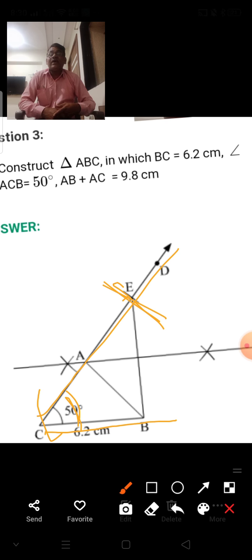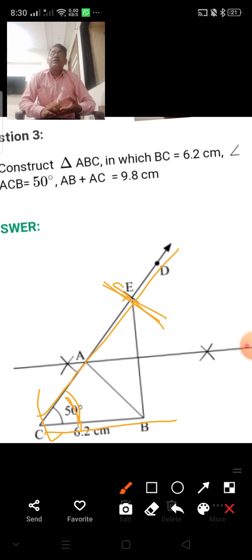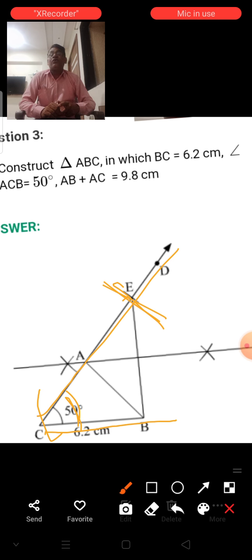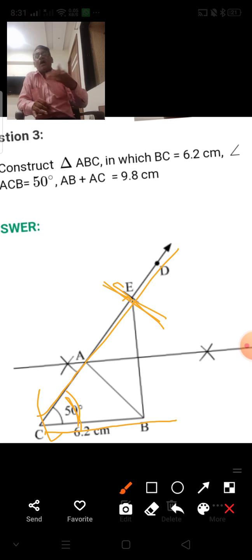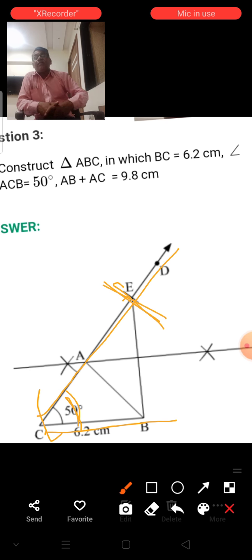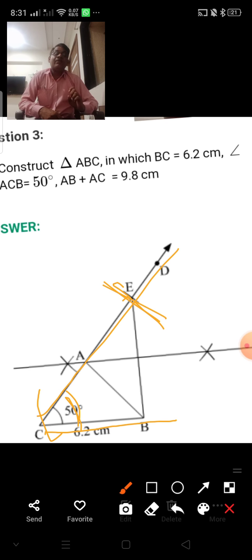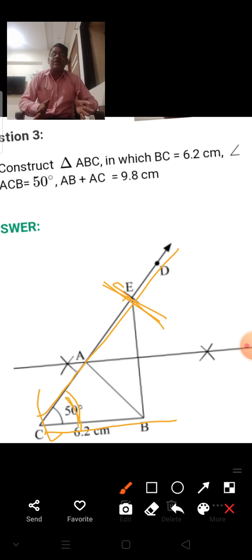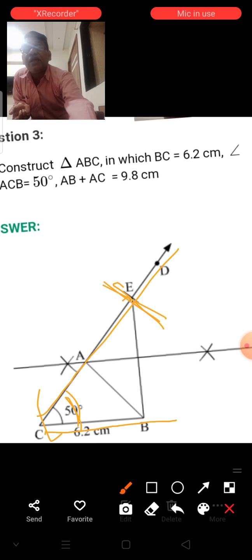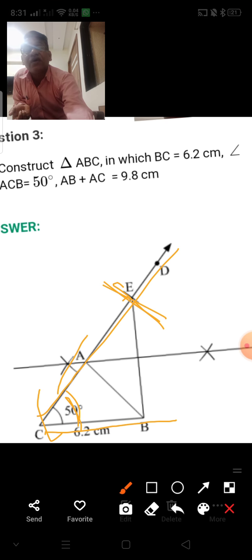After that the next step is you have to draw the perpendicular bisector of EB. Now how to draw the perpendicular bisector of EB? You already know that. Keep the compass on B, take more than half the distance of EB and draw the arc on both sides of EB. Again you have to keep the compass on E and take the same distance and draw the arc to the previous arc. Means you have to keep the compass on B and draw arcs here also and here also.